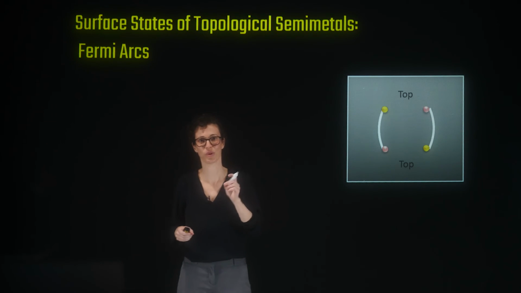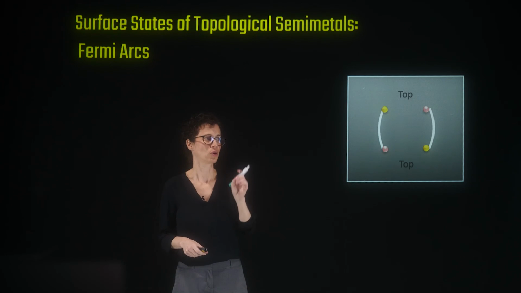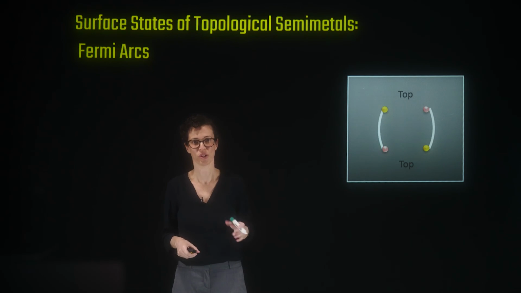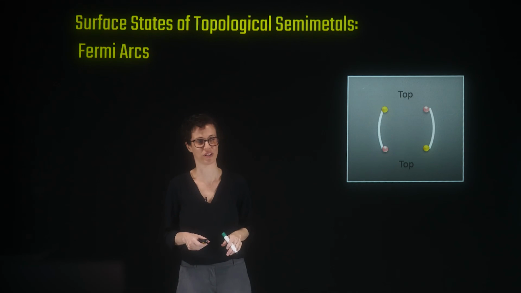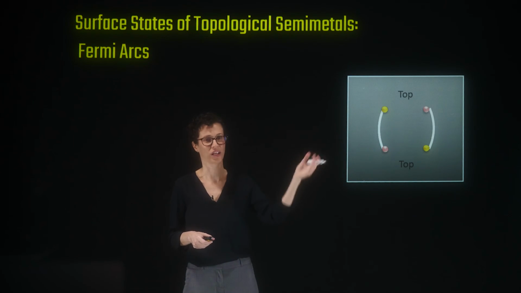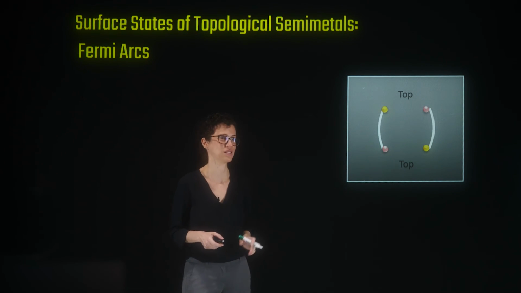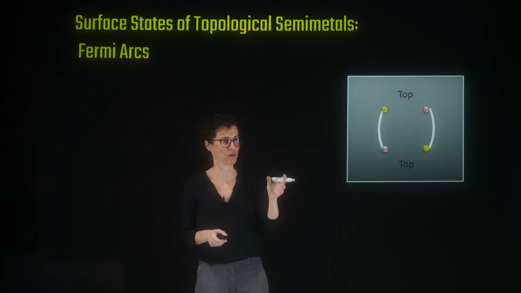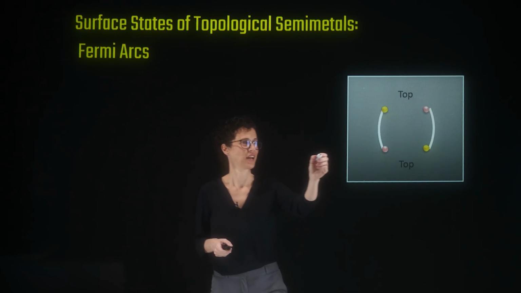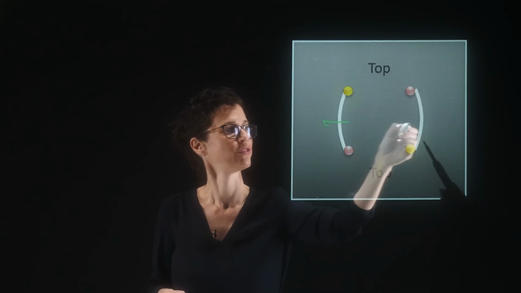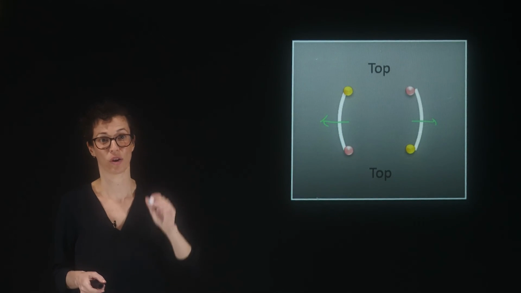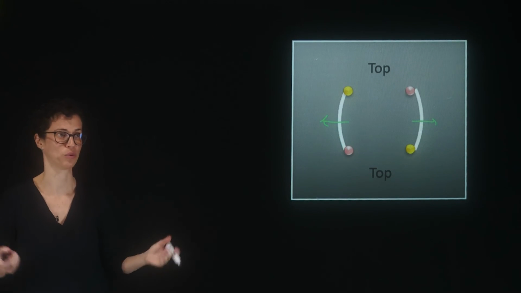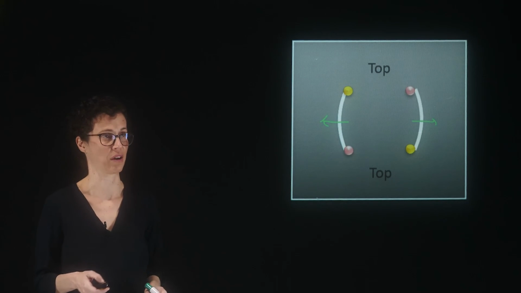And in fact, even within a single system, you could end up with a situation in which a different lattice termination will result in a rewiring of this picture and a change in the connectivity of the Fermi arcs. But the point is that they have to be there. There has to be a pair of them. And in this case, the chiral current will flow in opposite directions, not in the top and in the bottom surface, but on the same surface, just contributed by 2 Fermi arcs.